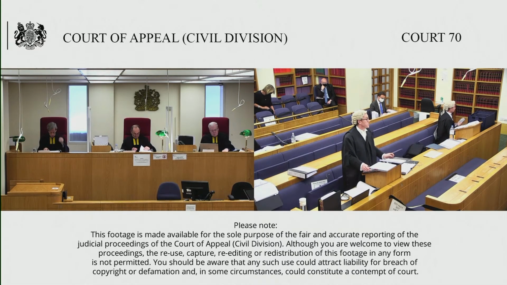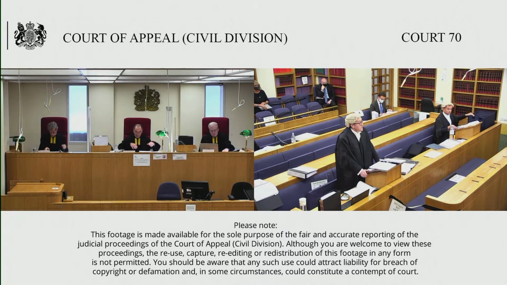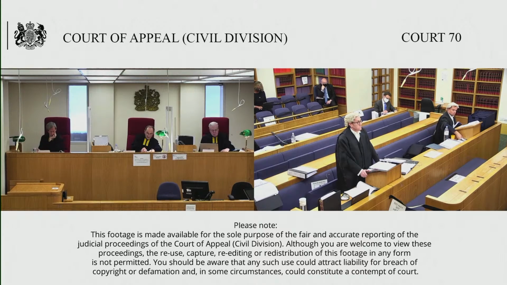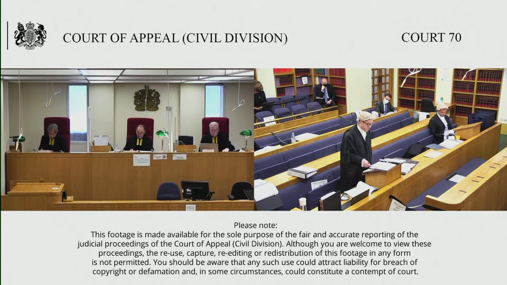Now, my learned friend said that his clients didn't accept that the accounts were actually right, but there's no appeal against the finding in relation to the accounts. So for the purposes of today, what the judge says about the accounts must be taken as correct.